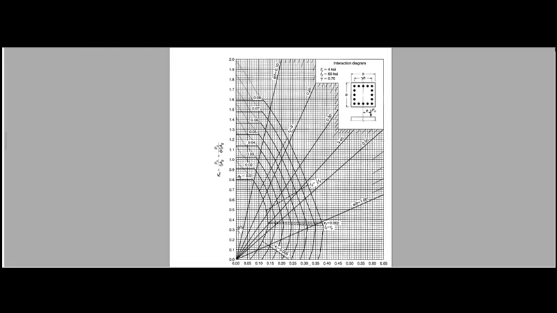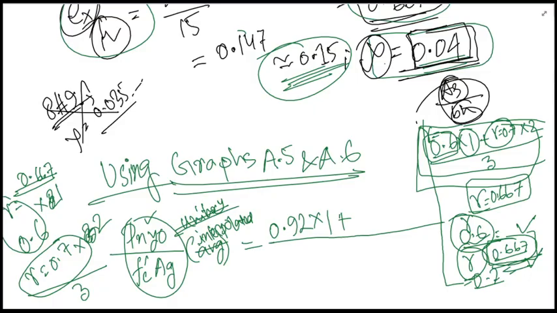If it is connected to the 0 point, it will automatically intersect 0.04 at a particular point, from which if you go directly to the left side, you will get the value. Say for example, we are treating this value as 0.96, and this will be multiplied by 2 as I have said, and divided by 3.